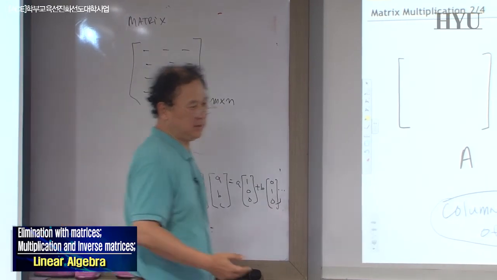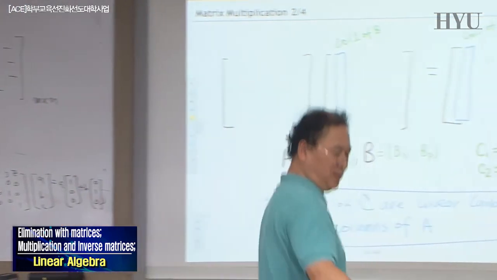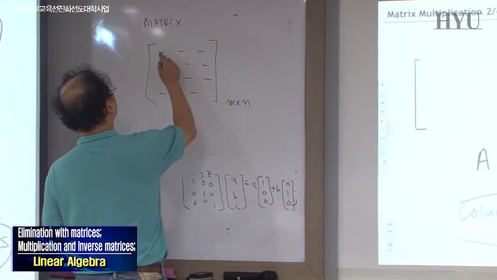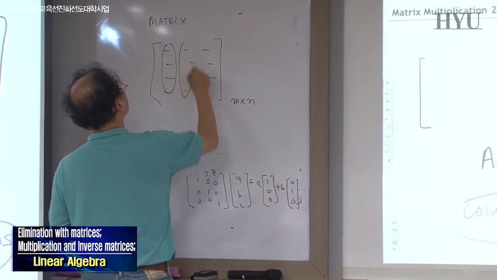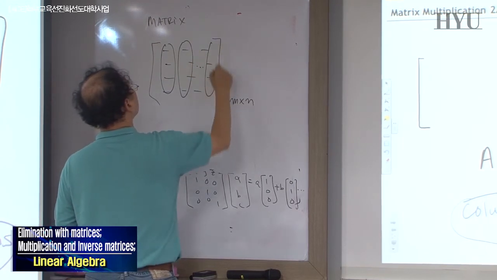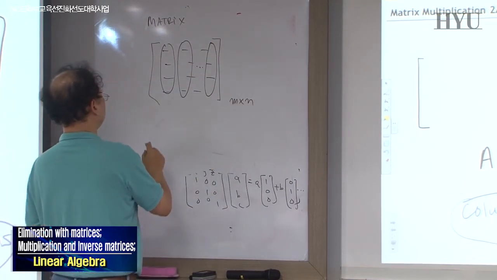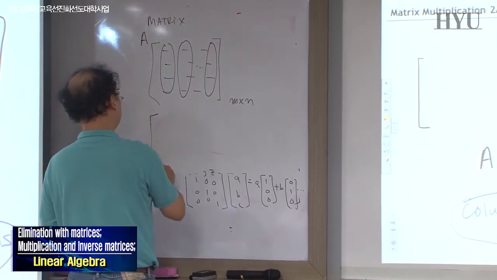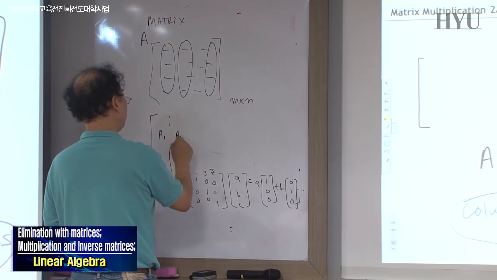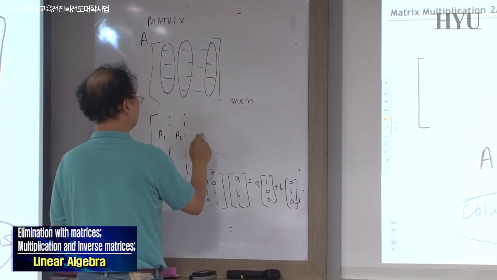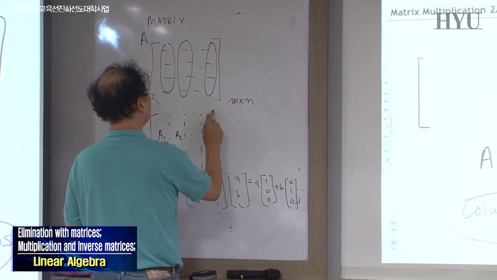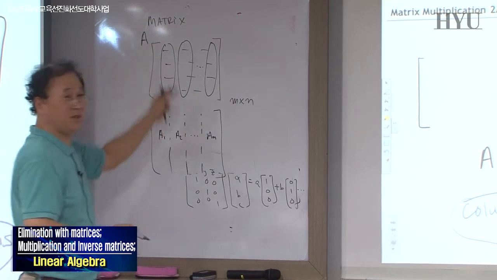Some people say, let's see this one as somehow, let's assume this is A. Can I see this as more or less A1, A2, can I see each column as a separate vector?